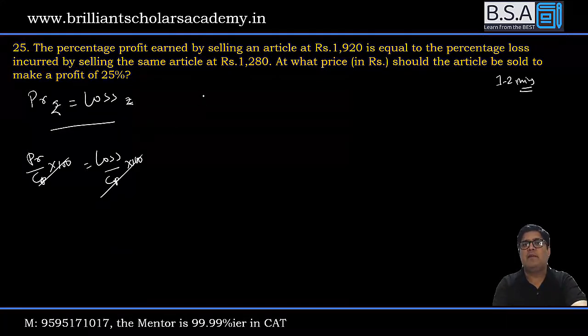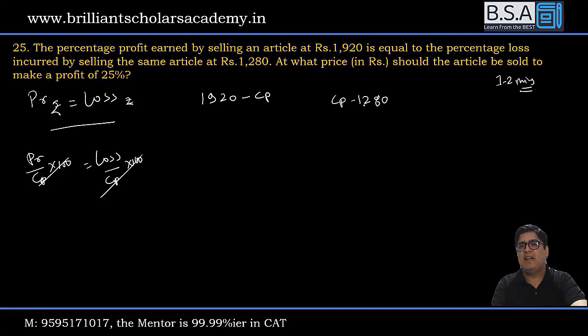So when it was sold for 1920, if I assume the cost price to be CP, this is the profit. When it was sold for 1280, cost price minus selling price is the amount of loss. Profit and loss are both equal. I can transfer terms to this side.